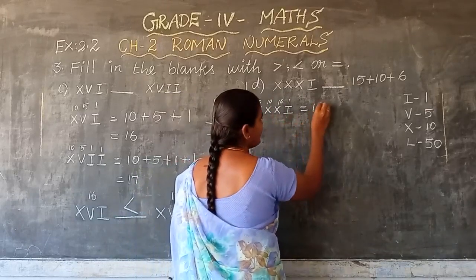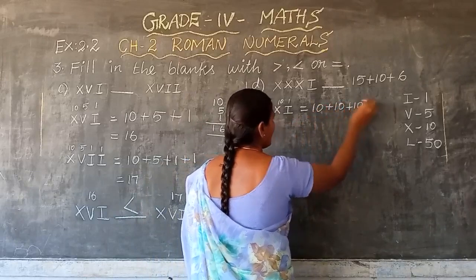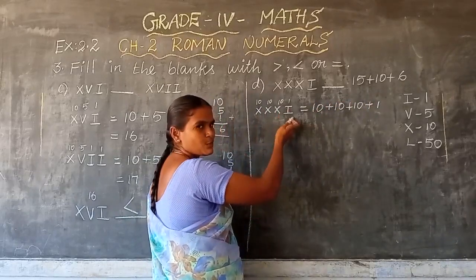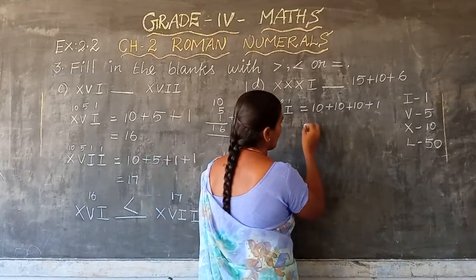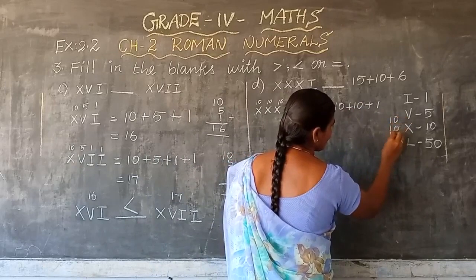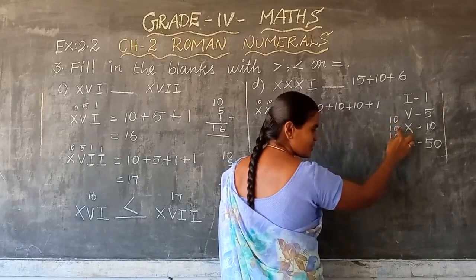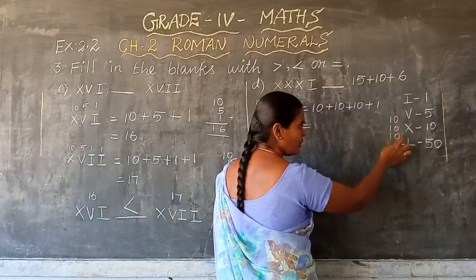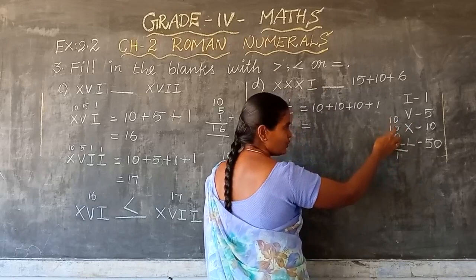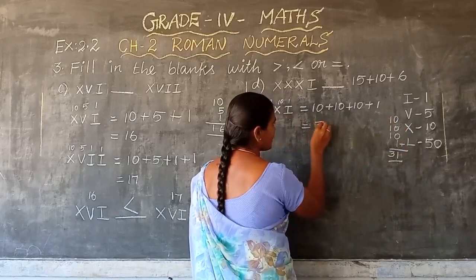So 10 plus 10 plus 10 plus I value 1. Greater number, right side small number means addition only. Now add these numbers. Arrange the numbers, then add. 0 plus 0, 0. 0 plus 1, 1. 1 plus 1, 2. 2 plus 1, 3. So we get the answer 31.